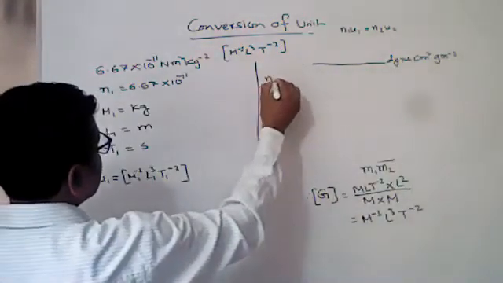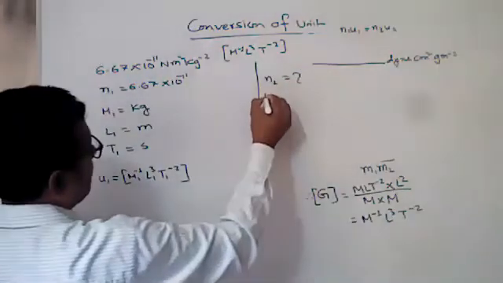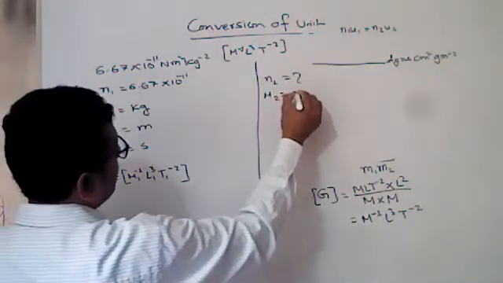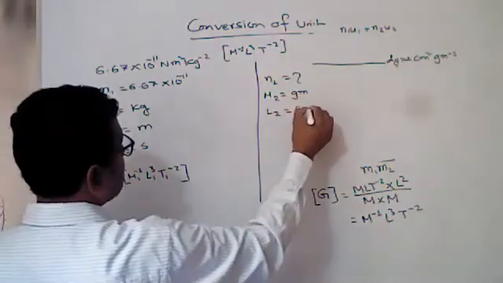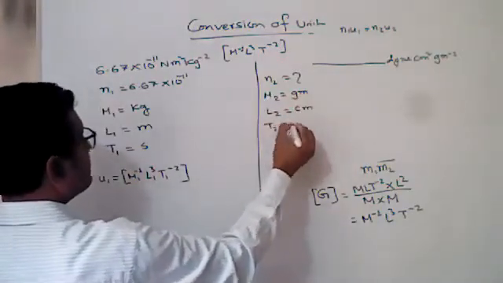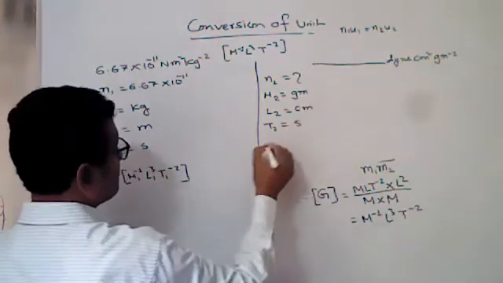And N2 equals what? Now M2 equals gram, L2 equals centimeter, and T2 equals second.